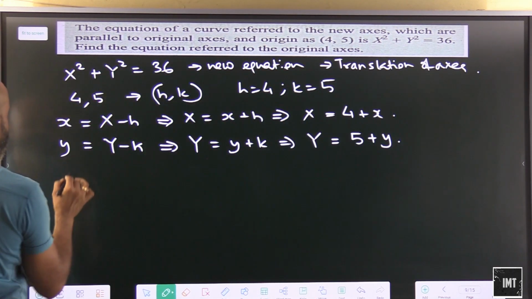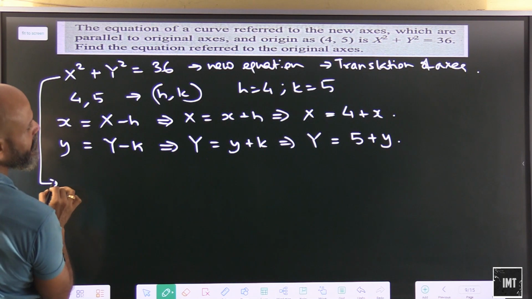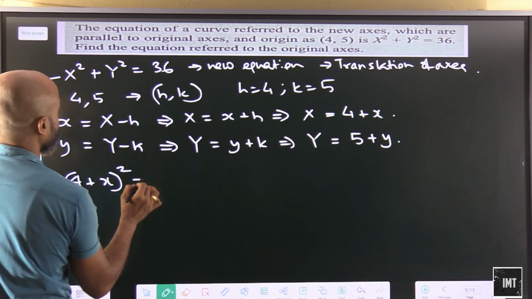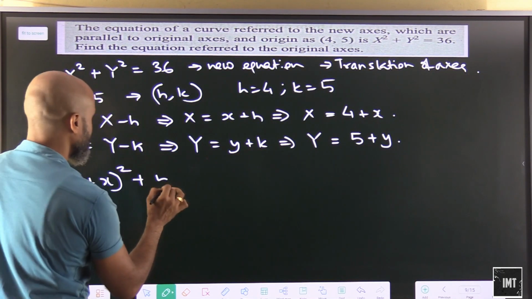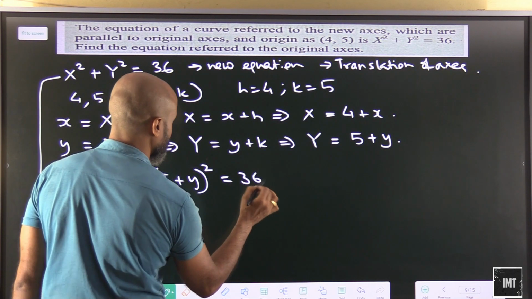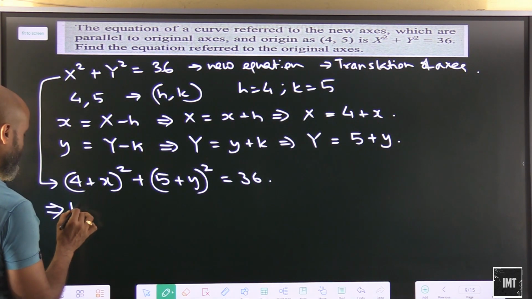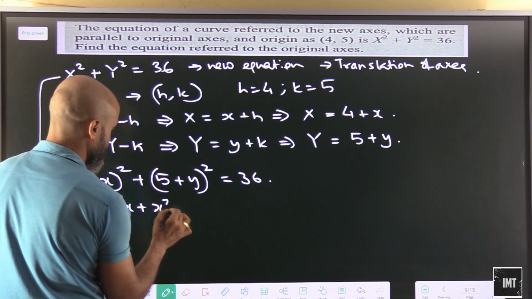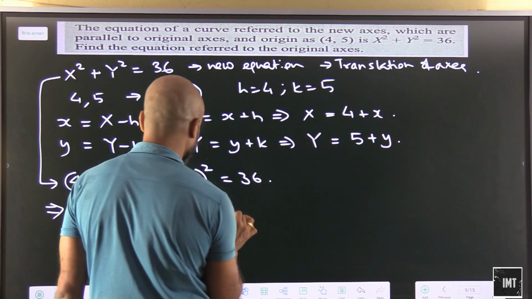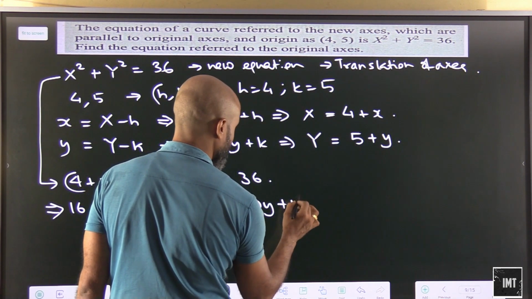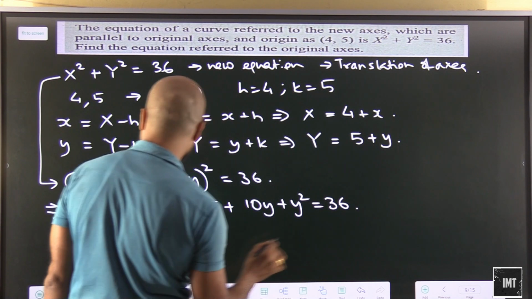So what we have here is X square can be written as 4 plus x whole square, plus Y square can be written as 5 plus y whole square. This will be equal to 36, which means 16 plus 8x plus x square plus 25 plus 10y plus y square is equal to 36.